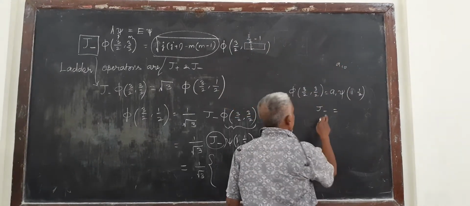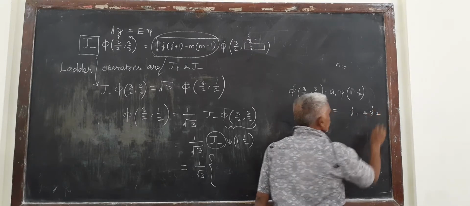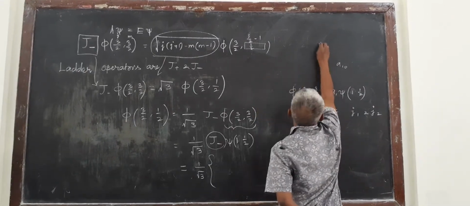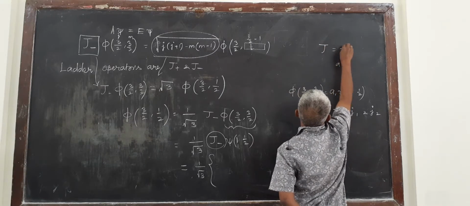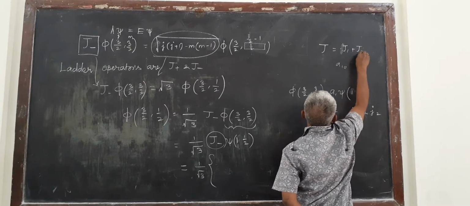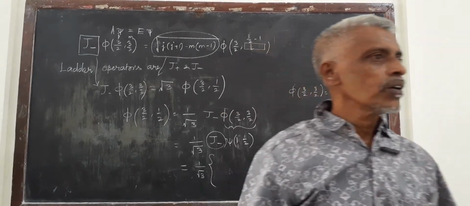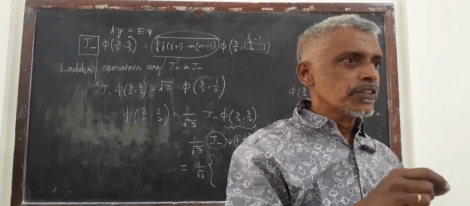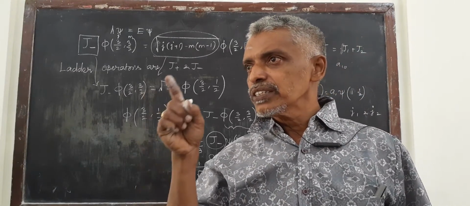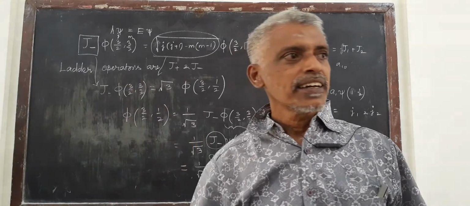J minus has to be said in terms of J1 and J2. You know about J in terms of J1 and J2. You know J is equal to J1 plus J2 in that case. Now you have to write this J in terms of J1 and J2. Since we are having J minus, you can write it as J minus equal to J1 minus plus J2 minus. Write it down.